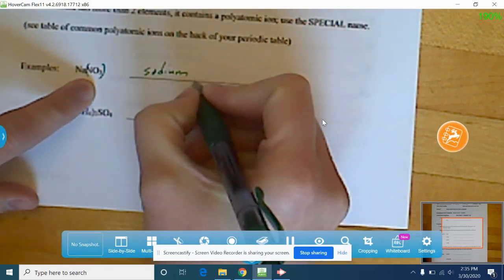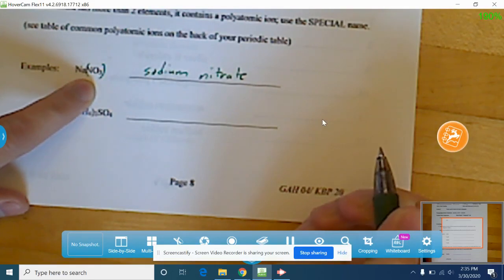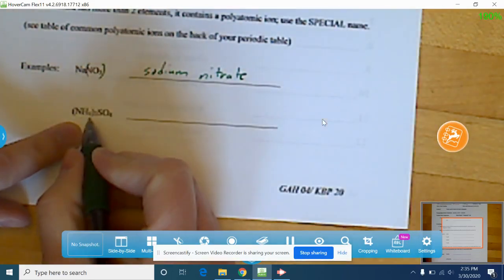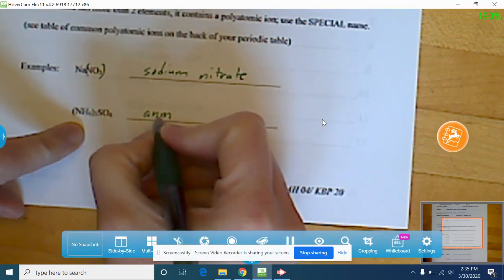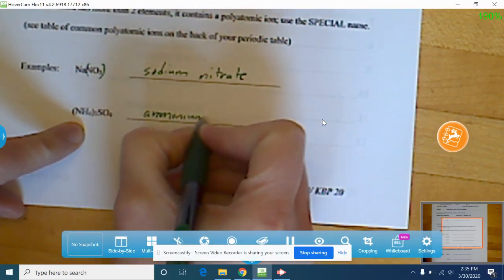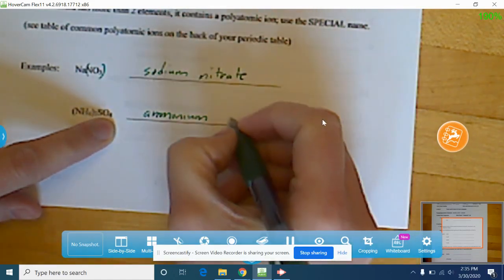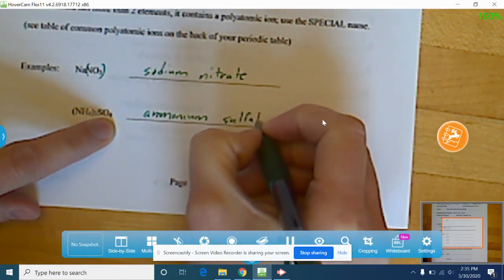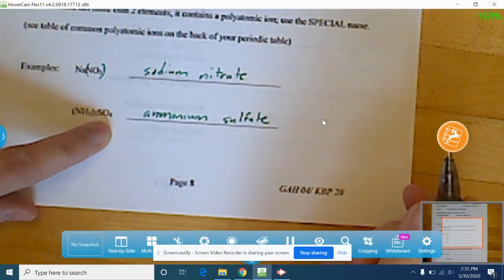We look up our family and it is nitrate. NO3 is nitrate. NH4 is also a family. You find that on your list, and it is ammonium. And then the second family name is SO4, ammonium sulfate, right? That's sort of level 2.